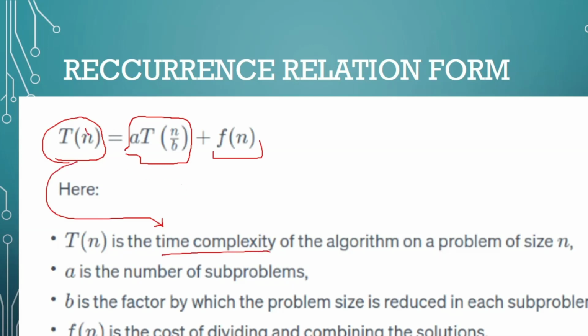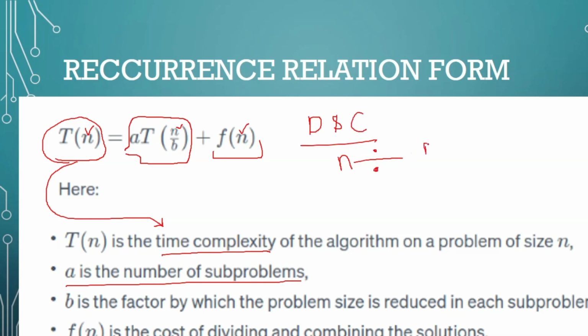And what is this n? n is just the size of the problem. And then a stands for the number of sub-problems. Divide and conquer algorithms work by dividing a big problem n into smaller sub-problems, right?